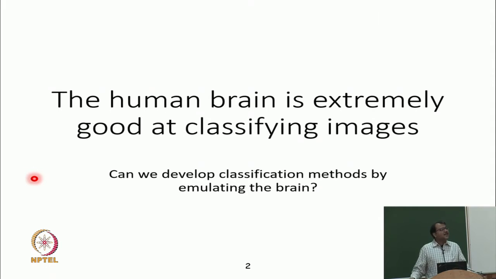But the intuition has been that, okay, AI is hard, machine finds it hard to understand images, understand speech, understand text, whatever. But humans find it very easy. So what is it that is going on in our brain, and if we can learn something from there, can we put it in the machine in order to make a better AI system?